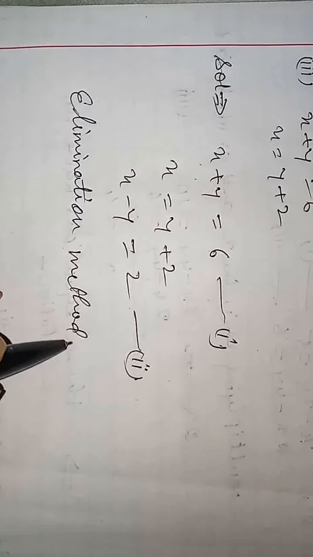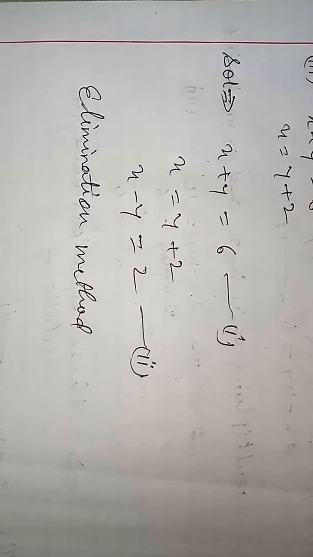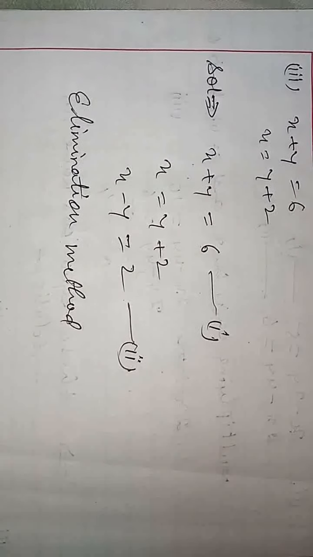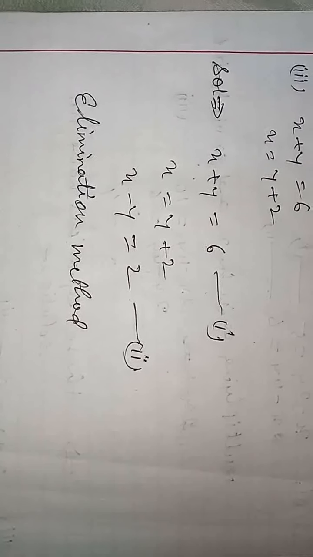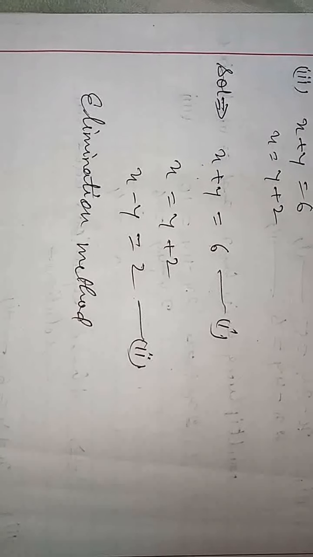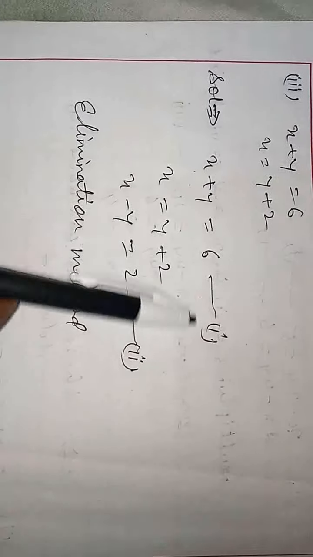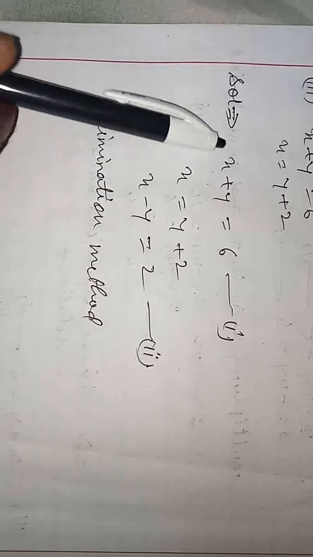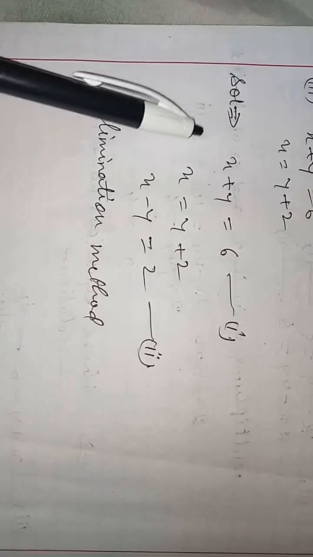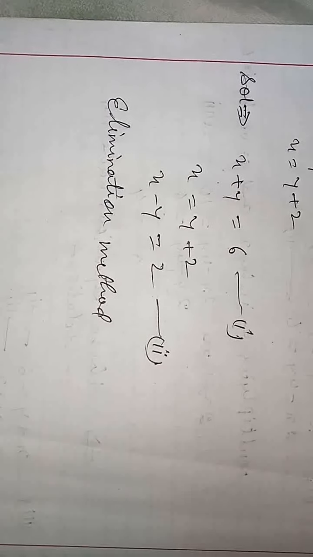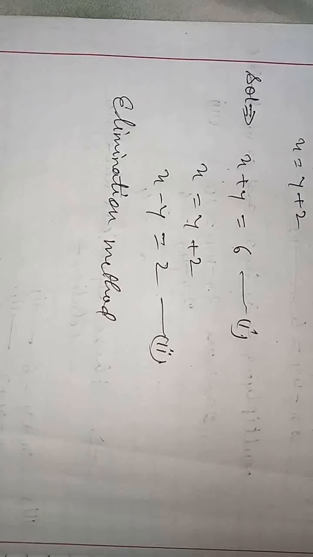In elimination method you know that we multiply coefficient of any one x or y to each equation to make them equal, but here you will see that in equation first x and y given and equation second x minus y given, it means coefficients of both variables are equal, so we do not need to multiply.